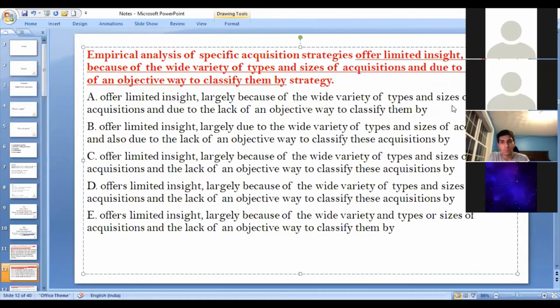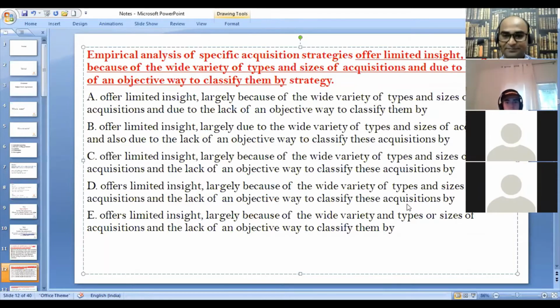But I'm a little confused, because the strategy says the S. Wouldn't they contradict each other? Because strategies offers sounds a little weird. Okay, remember we discussed one of my friends. What was the subject there?